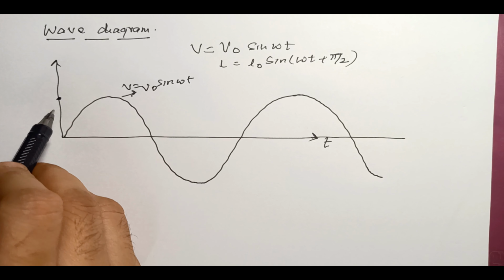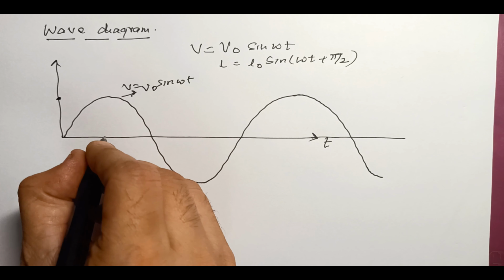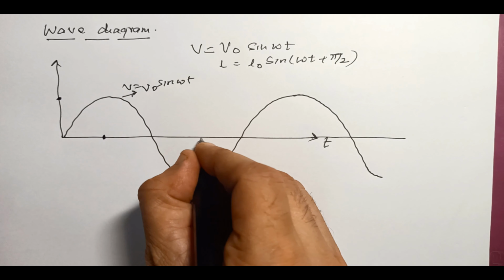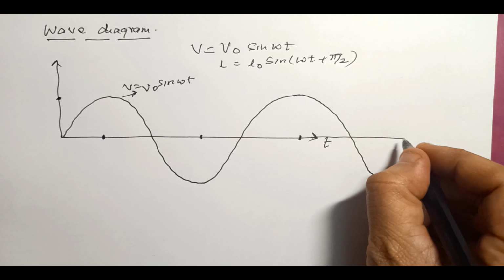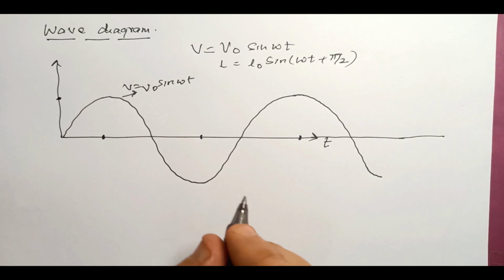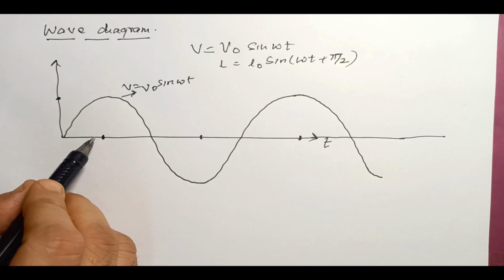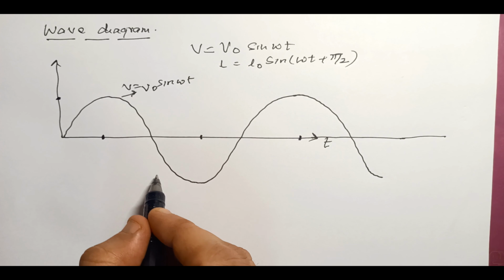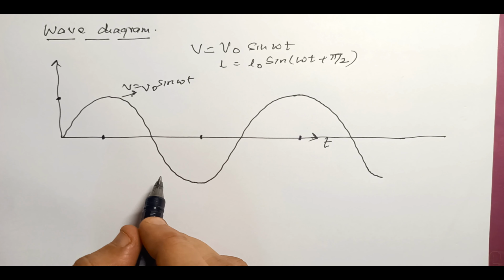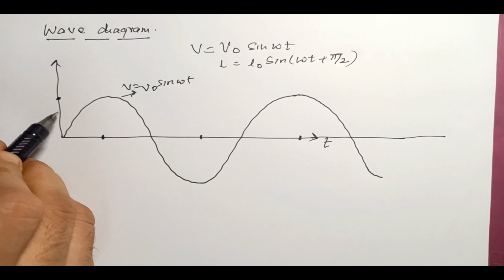Now, start from max, and this is the middle point. Let's mark these points, and so on, right? It will start from this, reach here, then at this point it will be maximum, correct? So how it will be?